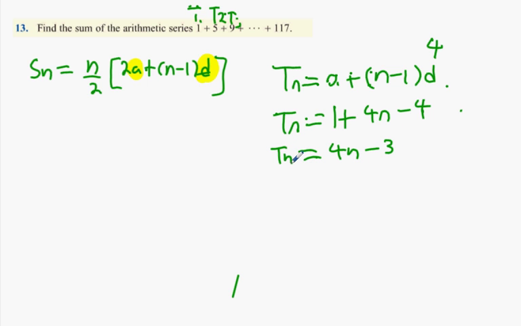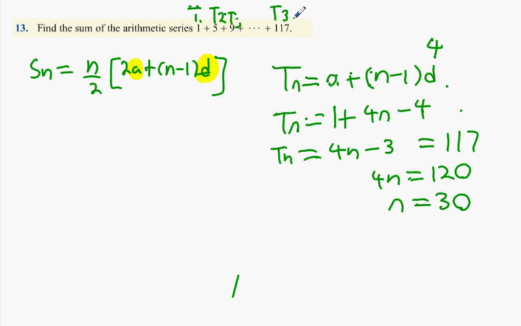And what Cameron said is this has got to be one of the terms. We don't know which one it is yet, so we're just going to let Tn equal 117. Bring the 3 over the other side, 120, because you add the 3. And then n equals 30. This means that this one here is T30.